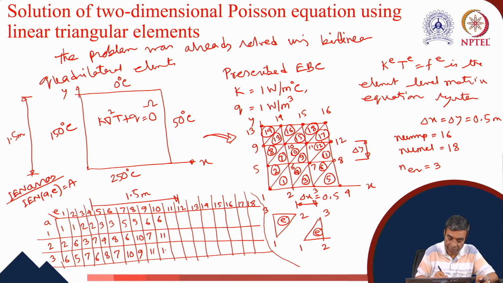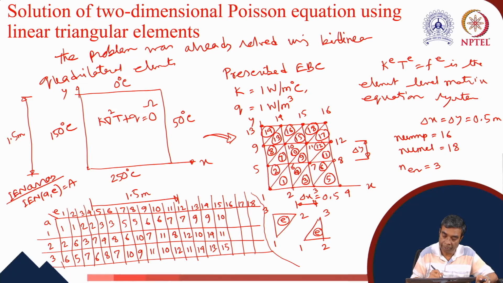For the 11th element, we have 7, 8, 12. For the 12th element, we have 7, 12, 11. For the 13th element, we have 9, 10, 14. For the 14th element, we have 9, 14, 13. For the 15th element, we have 10, 11, 15.